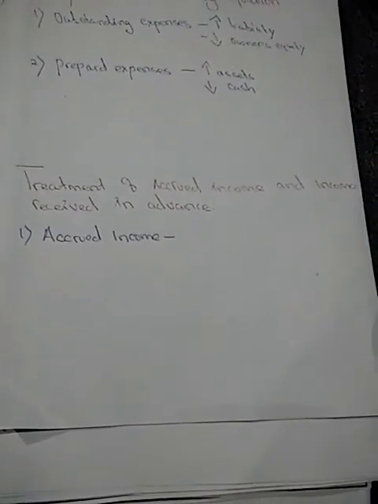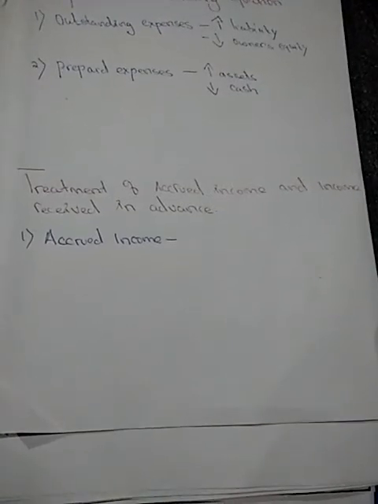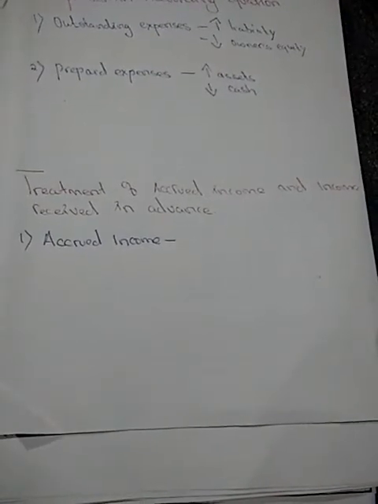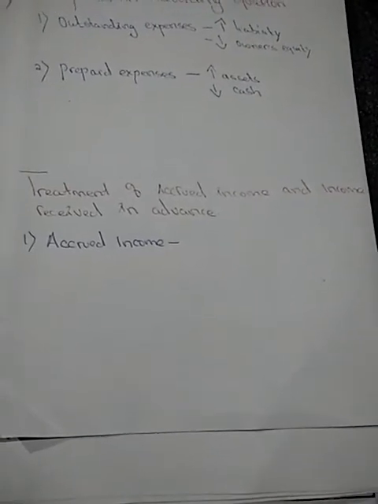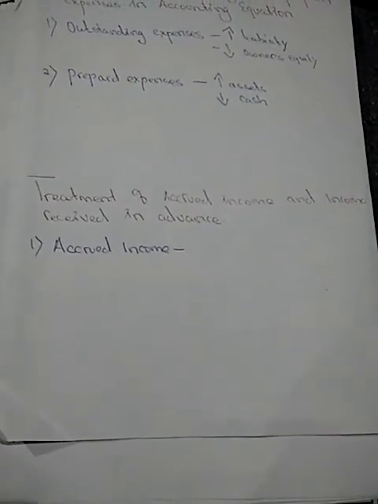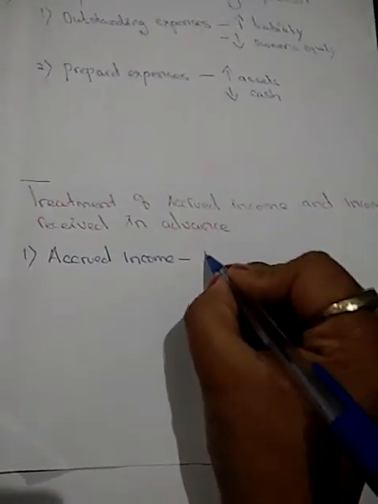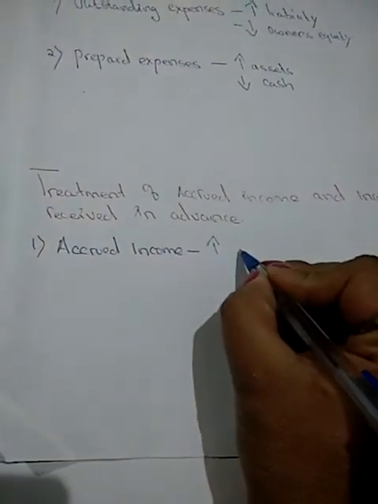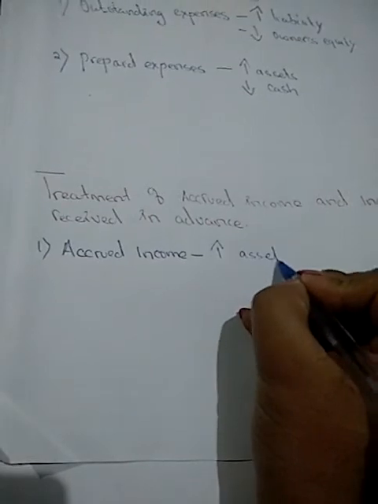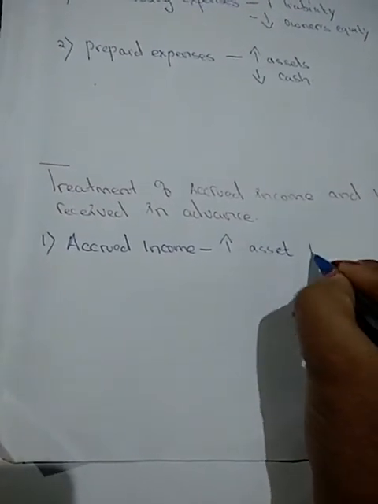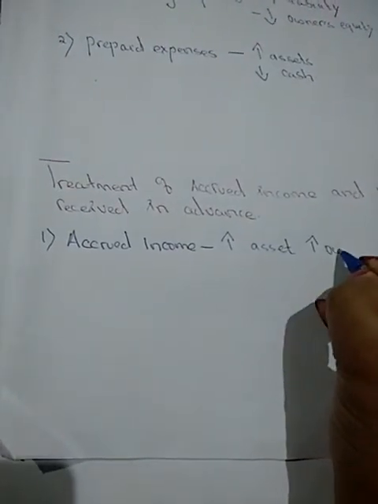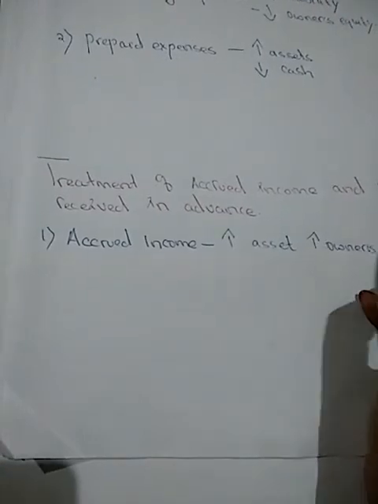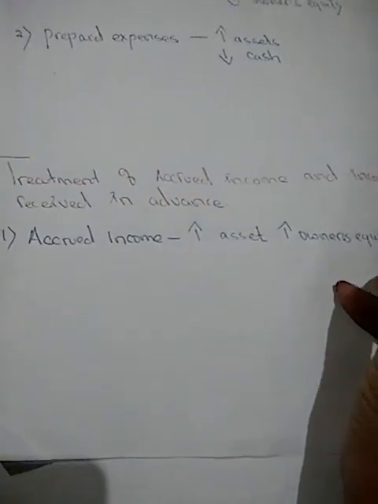Sometimes bank will not give interest on time, no, but you know that when you keep money in the bank you will get interest. So such income are known as accrued income. So accrued income is your asset. When you get accrued income, your asset increases. At the same time, whenever money comes in, your owner's equity, your capital will also increase.